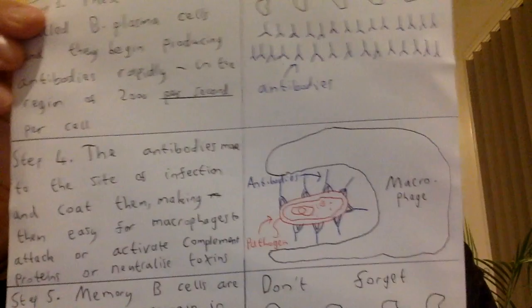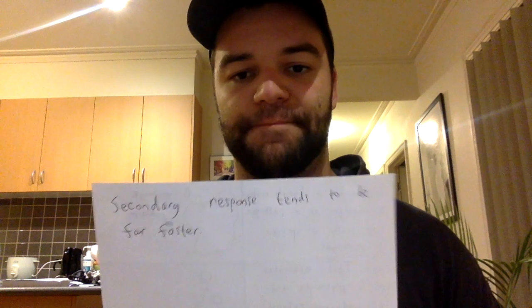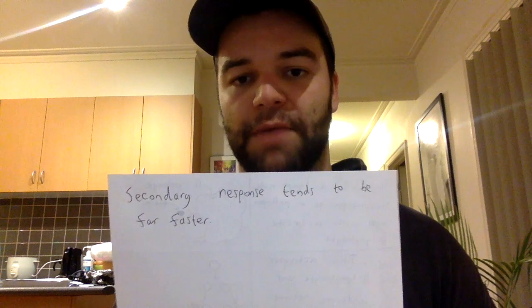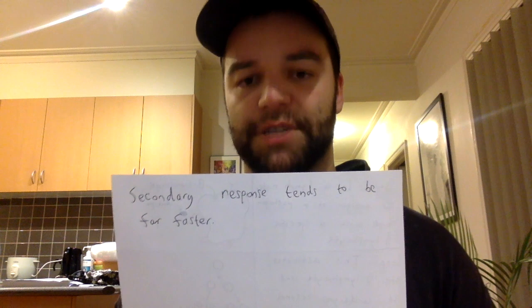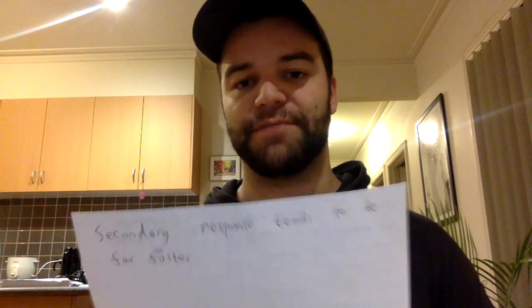Basically, those are there so that if the pathogen is ever encountered again, they will very quickly undergo this process again, make plasma cells, and produce antibodies very, very quickly. The result of that is this secondary response, meaning when you're exposed to a pathogen that your body has already fought off, the response will be much, much faster and essentially stop you getting ill.